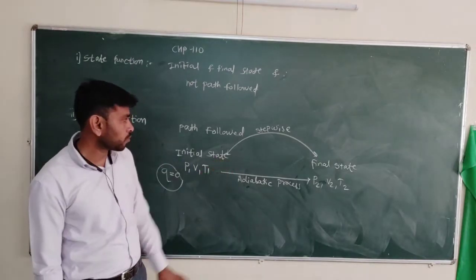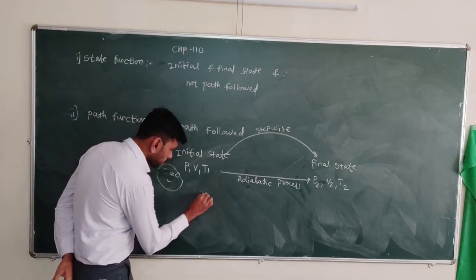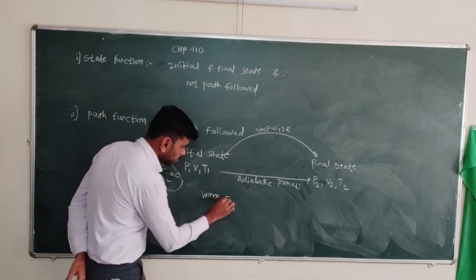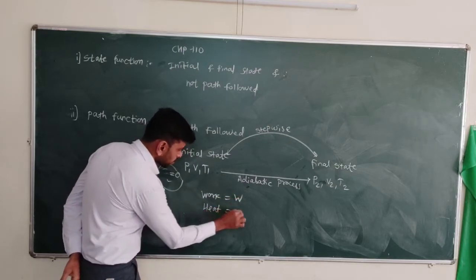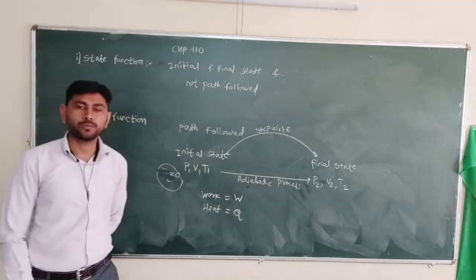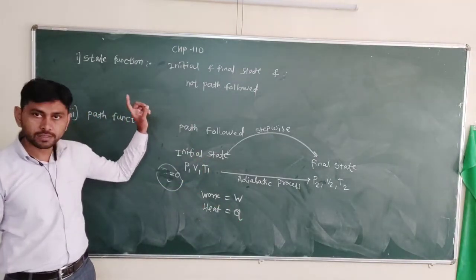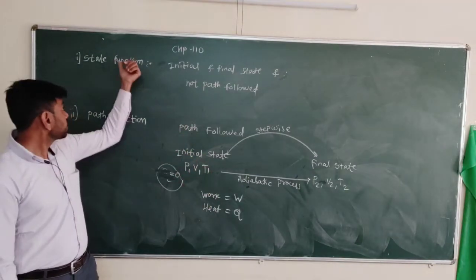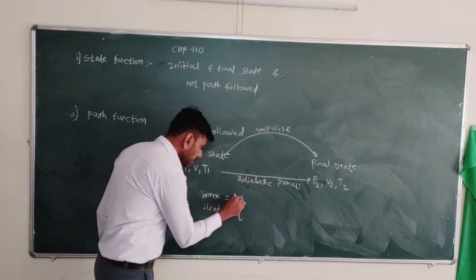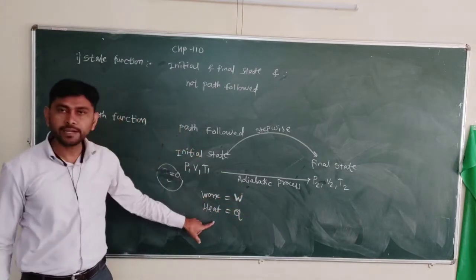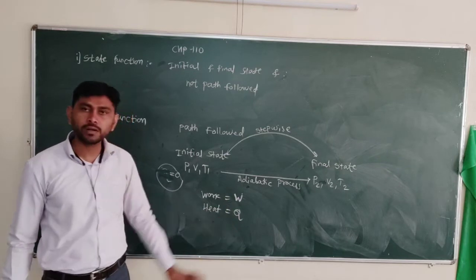Suppose work is indicated by the symbol W and heat is indicated by the symbol Q. So we have to see the difference between state function and path function. These are the notations for work and heat.